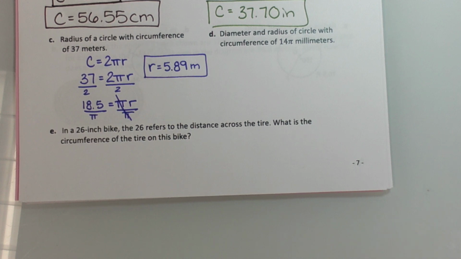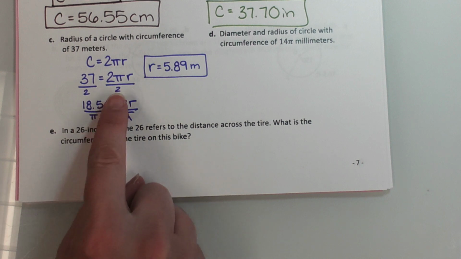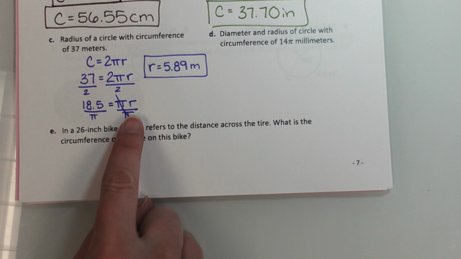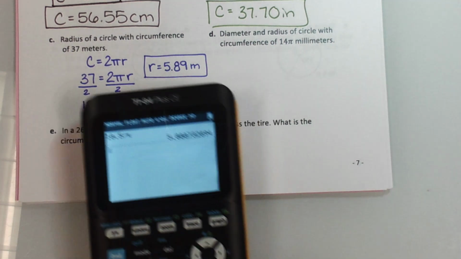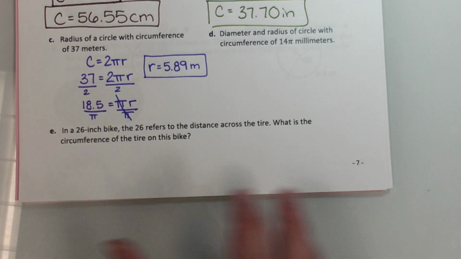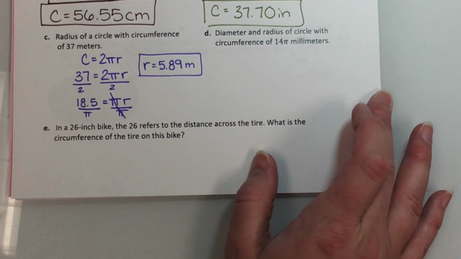Still nothing too crazy? Why do we put it as a decimal? Because I had to divide by pi to get r alone? Because it was being multiplied?